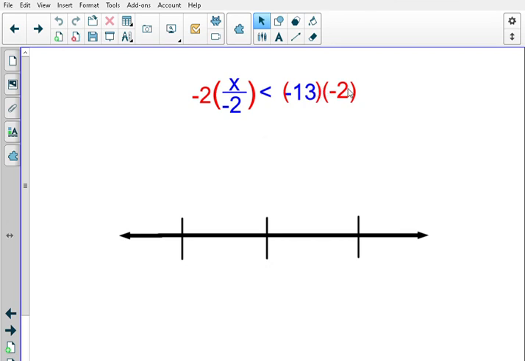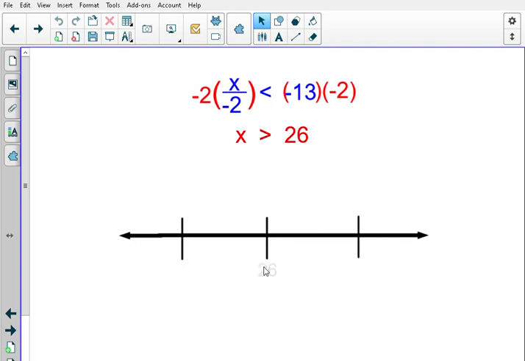Negative 13 times negative 2 is a positive 26. Our inverse operation involved a negative. We are multiplying by negative 2. That tells me I have to switch the direction of my inequality sign. So our solution to this one is going to be x is greater than 26.